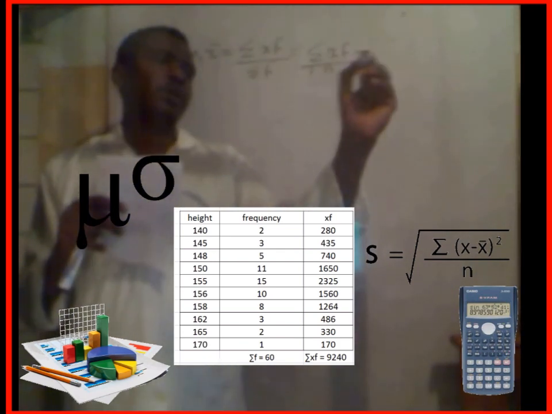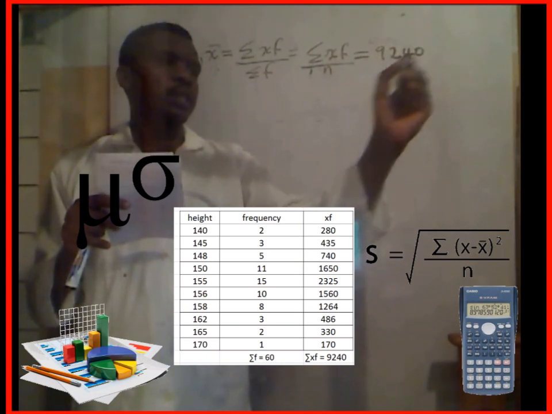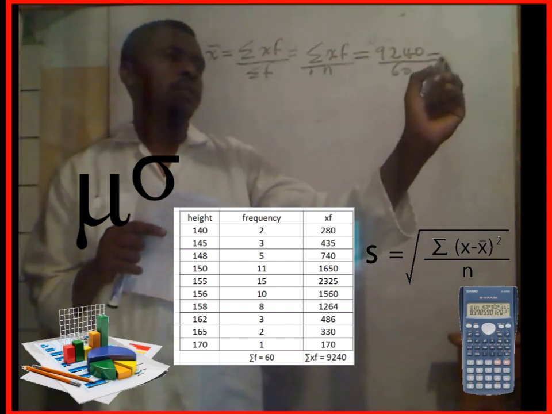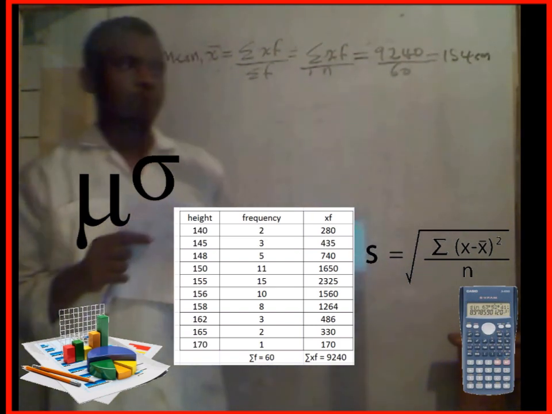So this will give us 9,240 divided by 60, which gives 154 centimeters.